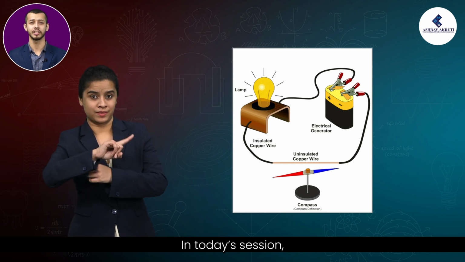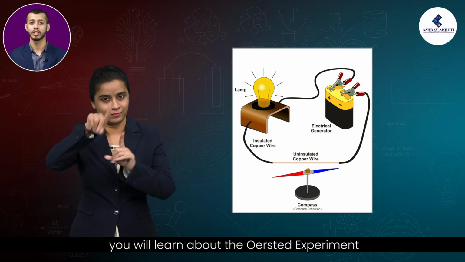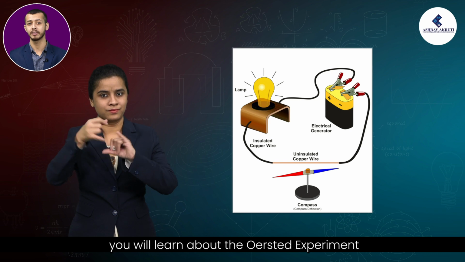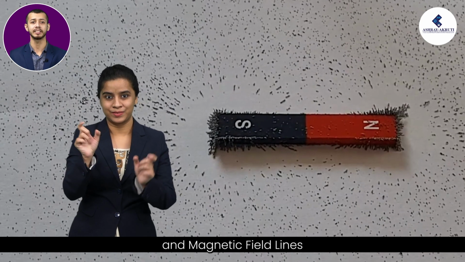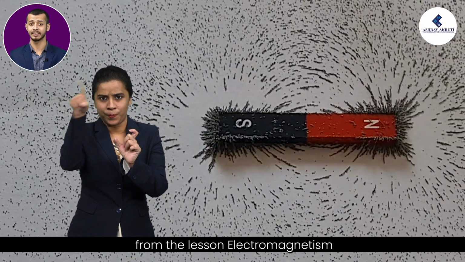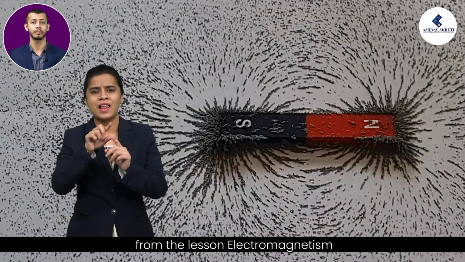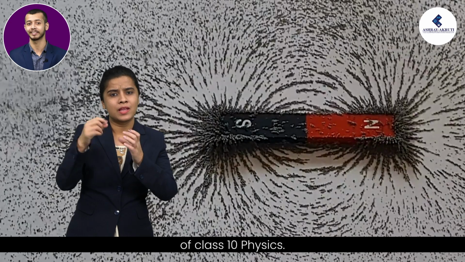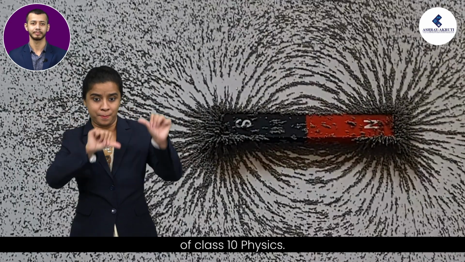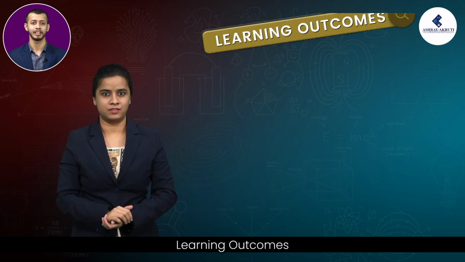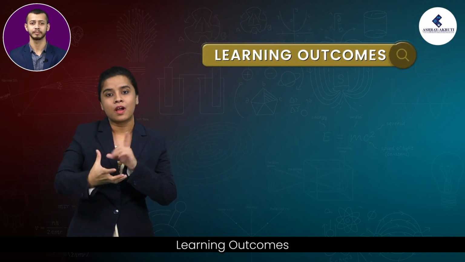In today's session, you will learn about the Oersted experiment and magnetic field lines from the lesson Electromagnetism of Class 10 Physics. Learning outcomes.